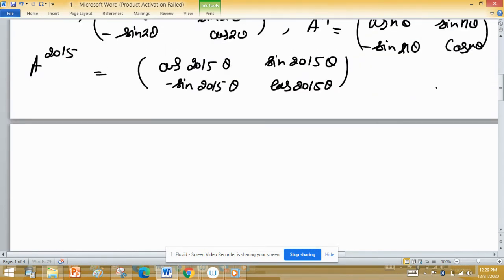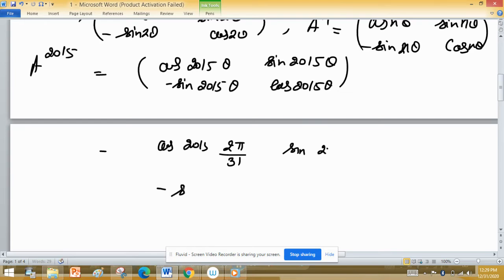Now put this value: cos of 2015 times 2 pi upon 31, sin of the same argument, minus sin of the same argument, and cos of the same.